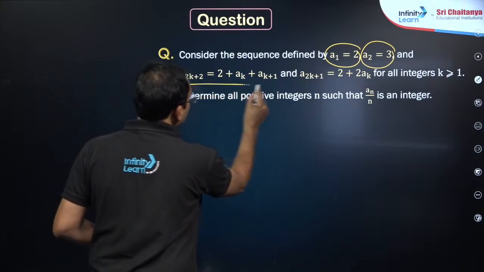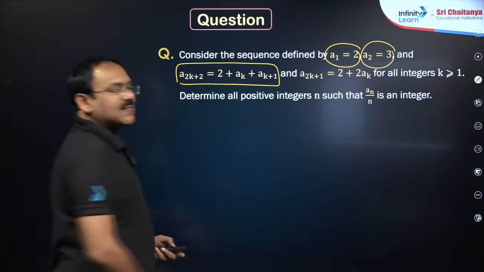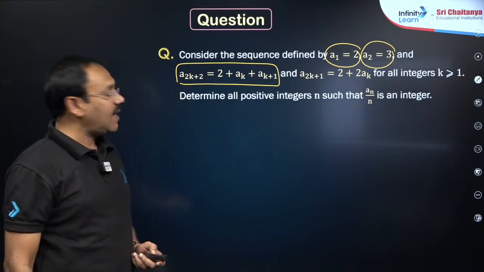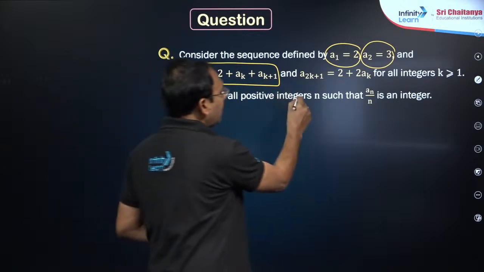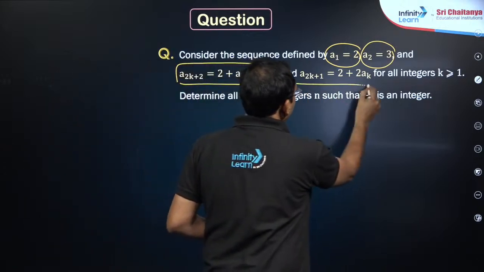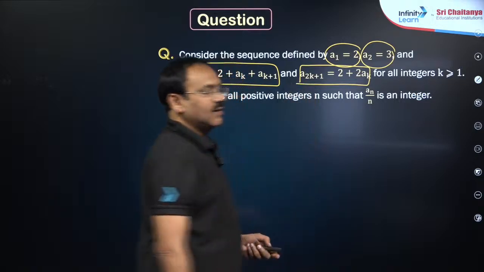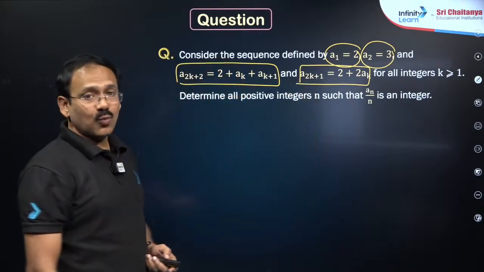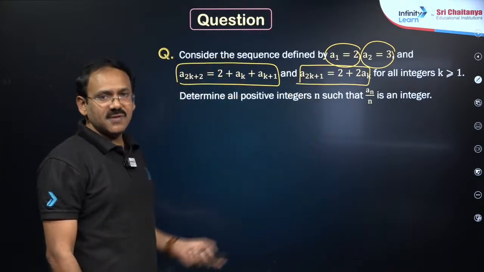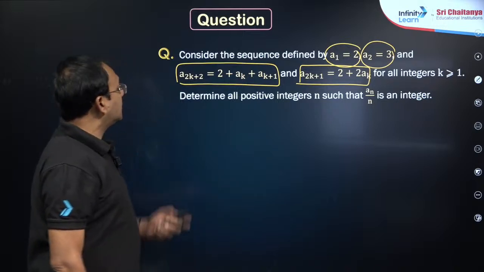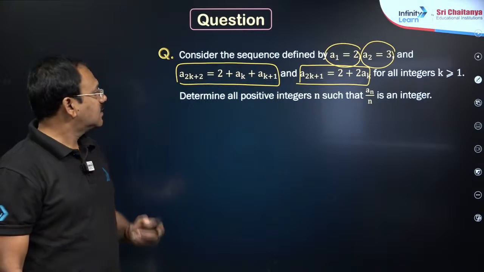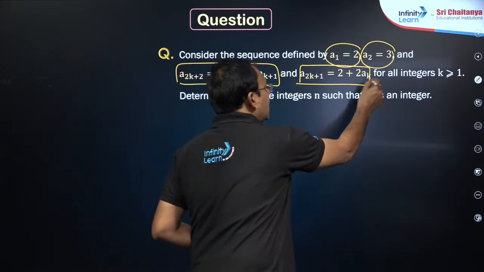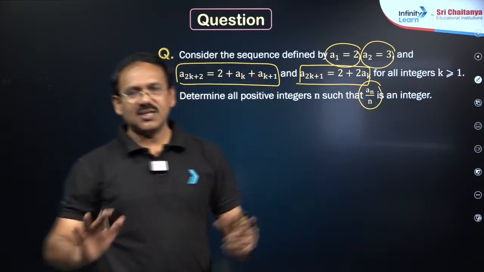A(2k+2) is given as 2 + Ak + A(k+1), as well as A(2k+1) is given as 2 + twice of Ak, where k is greater than or equal to 1, a positive integer. Determine all positive integers n such that An by n is an integer. This is the question, my dear friends.